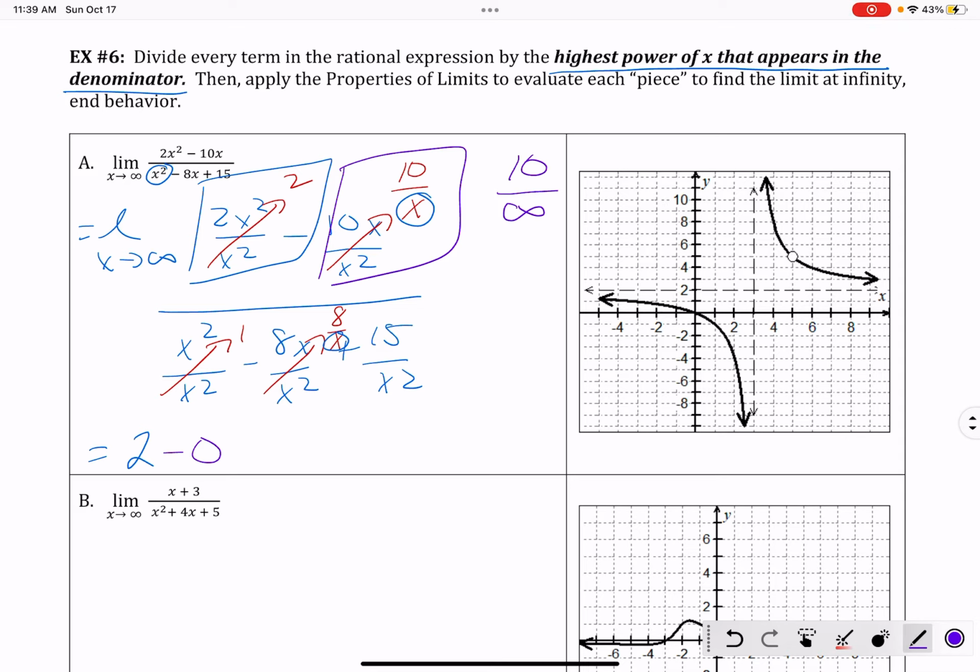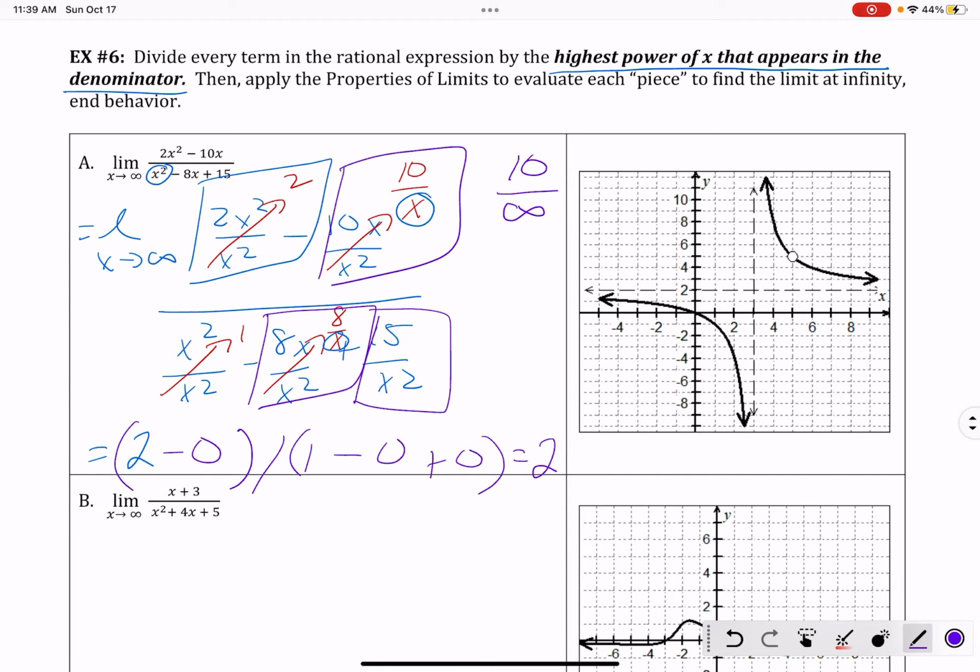And then in the bottom, the first term went to 1. Then 8 over x ends up going to 0 because we're throwing in infinity. Same thing for the last term: 15 over infinity squared is just 0. So this would, of course, go to 2.